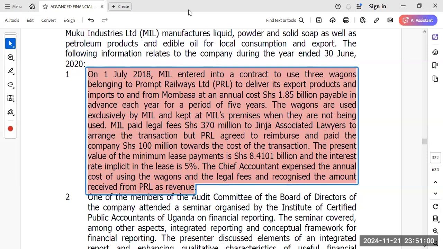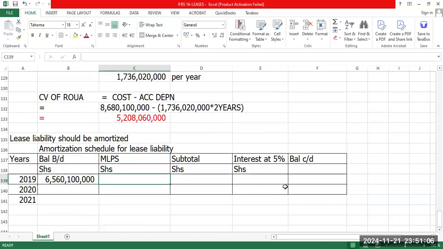But since it is payment made in advance, it means that in 2019 here you will put 0.